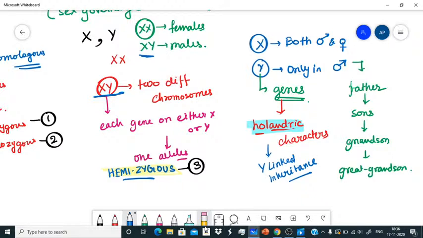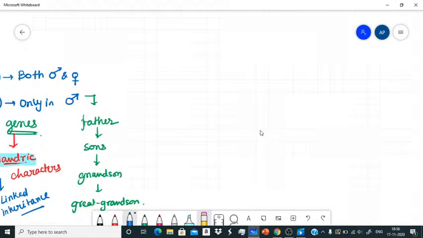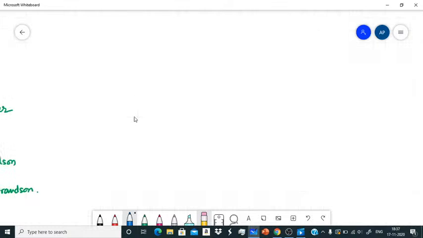Right? So let's move on. Now we come to the idea of inheritance patterns.